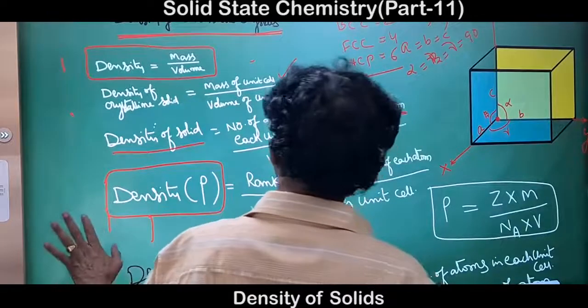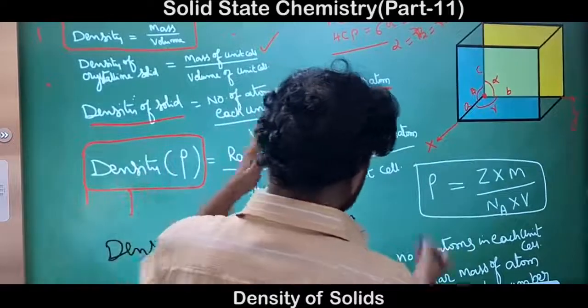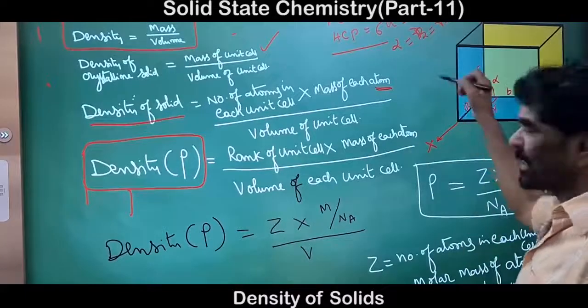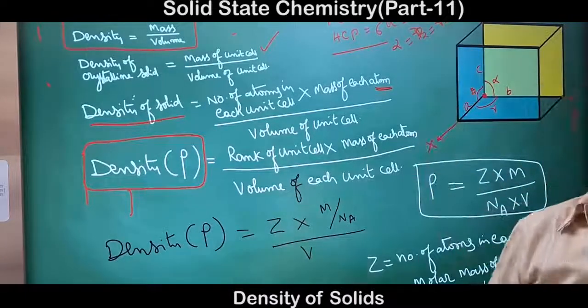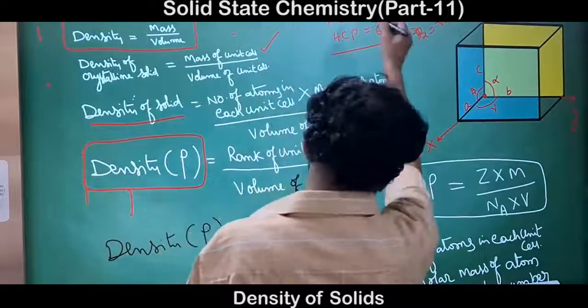See here, these are the parameters, the cell parameters. From this we can evaluate the simple cubic system. A cube is the volume of the unit cell. This is A cube for the simple cubic system.